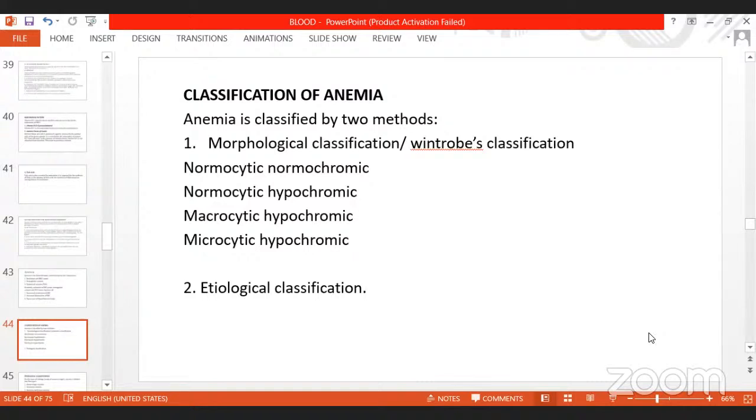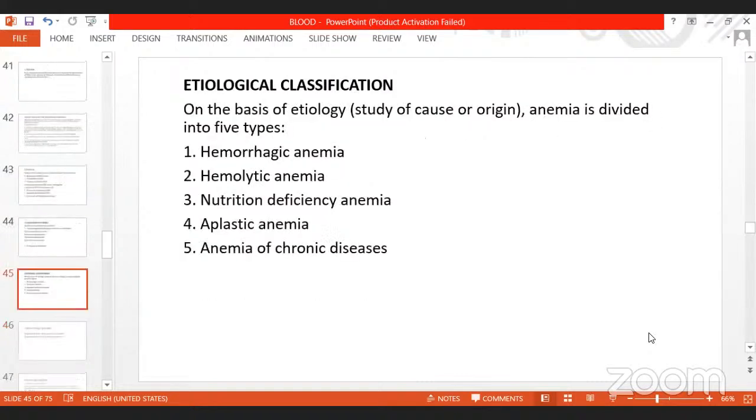That is normal cell, normal color; normal cell, decrease in color; small cell with decreased color; large cell with decrease in color. So micro, small, and macro, large. So let us see the etiological classification.